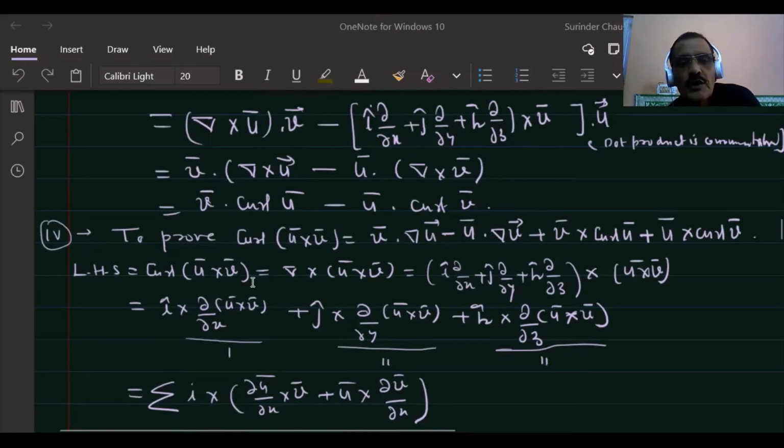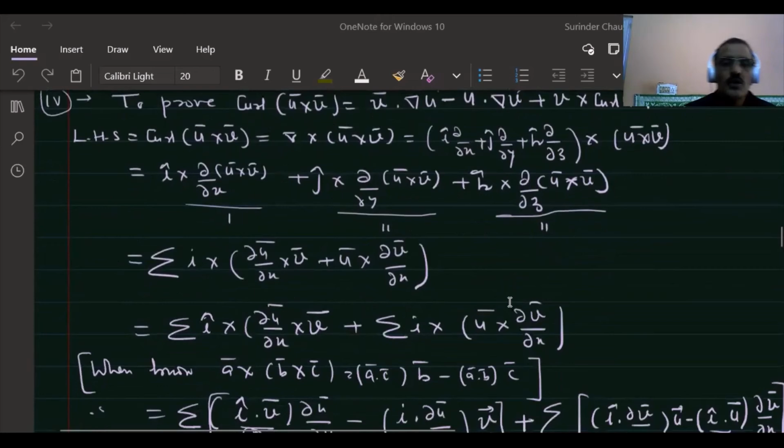Now taking that inside: curl of u cross v, del cross u cross v, applying del with the cross multiplication. So again, the product of vectors. Partial derivative: iota cross partial derivative of u cross v with respect to x, plus j cross partial derivative of u cross v with respect to y, plus k cross the derivative with respect to z. Now we can do it both ways. This is symmetrical, so we can find the first term.